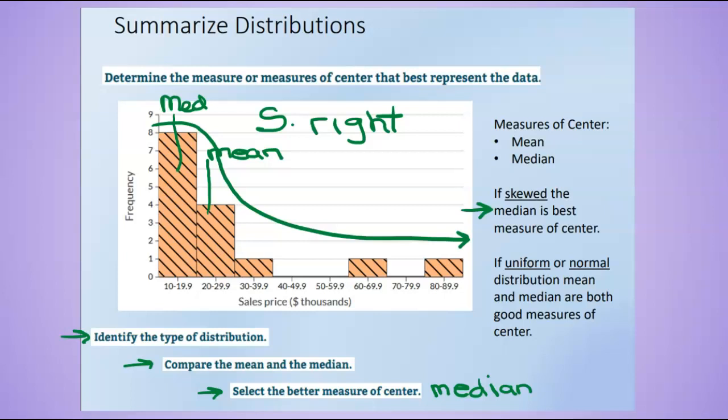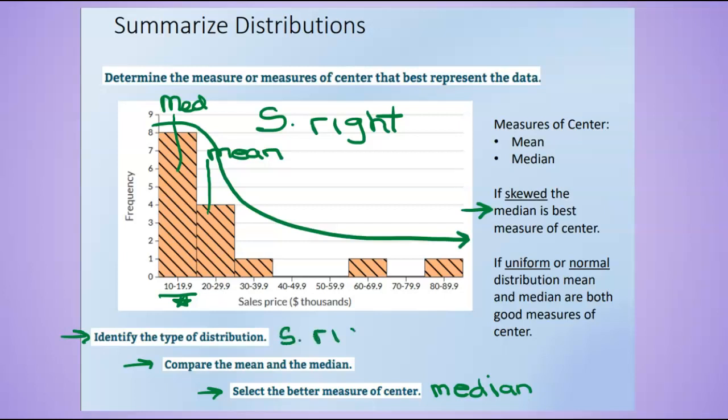What is the middle number of what we sold? And we would say between 10 and 19.9 thousands. Our sales were better at this interval. Okay, so this is a skewed right.